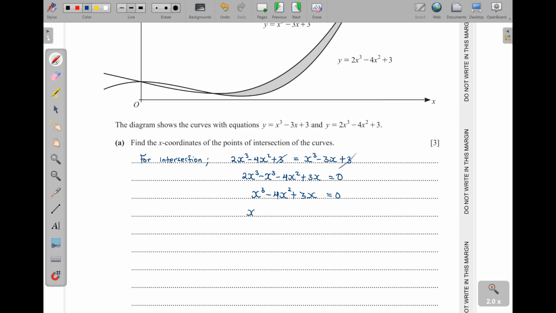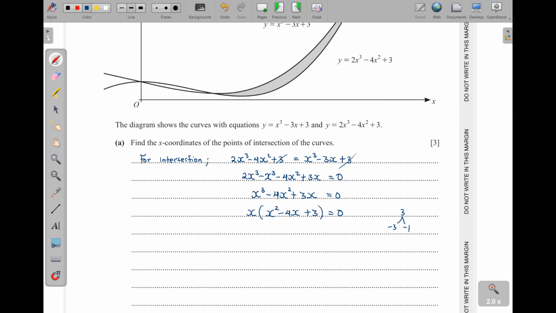We can see that x is common. That means here we shall have x squared minus 4x plus 3, which is equal to 0. And this is a quadratic which can be factorized very fast. The product is 3. Two numbers that multiply to give 3 but add to give negative 4 have to be negative 3 and negative 1.